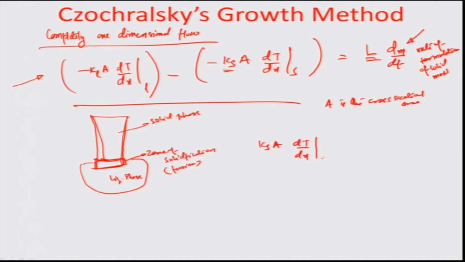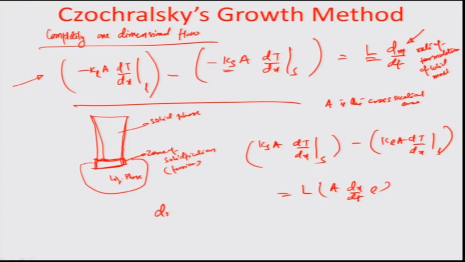Ks A dT by dx solid minus Kl A dT by dx liquid becomes equal to L times area times the rate at which you are pulling. That is the way that the volume is emerging. So this is the rate of the volume of solid mass times the density, which gives you the rate of mass which comes out of the solid phase.